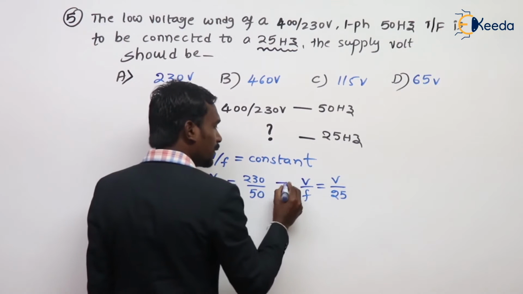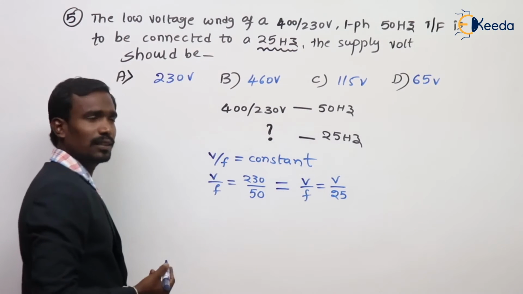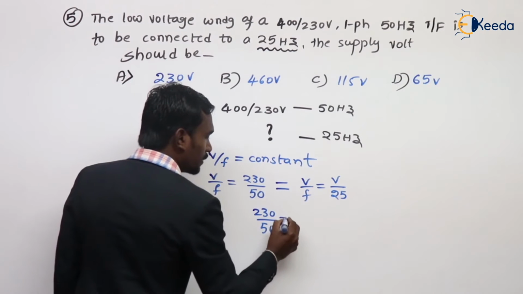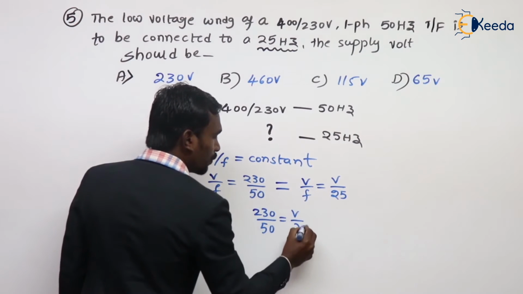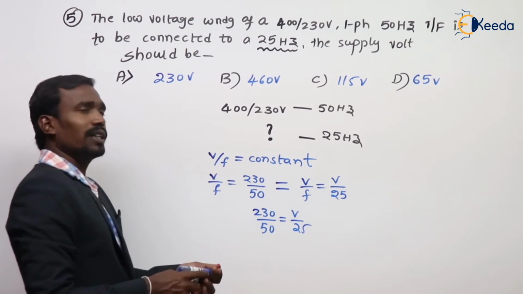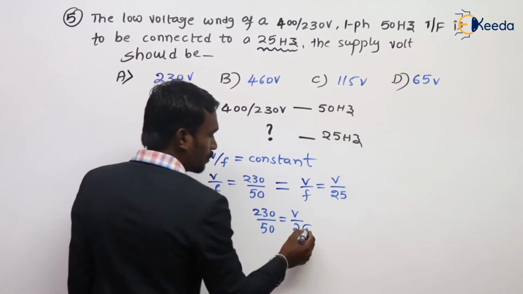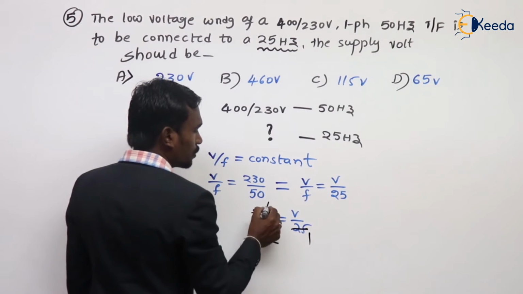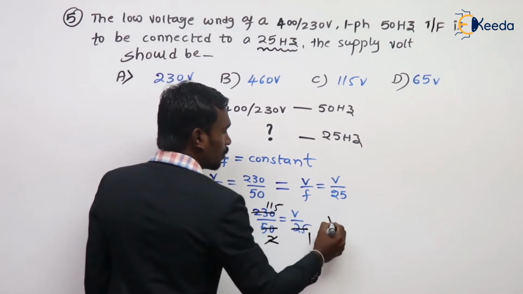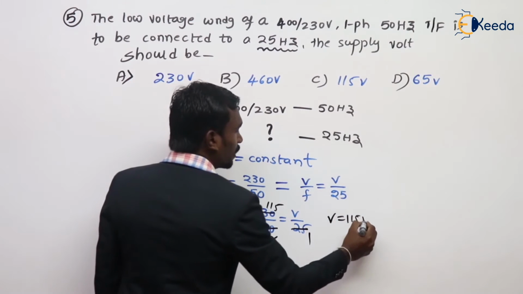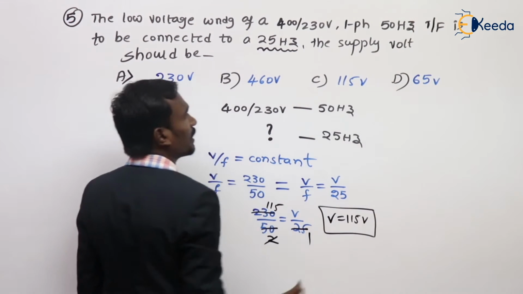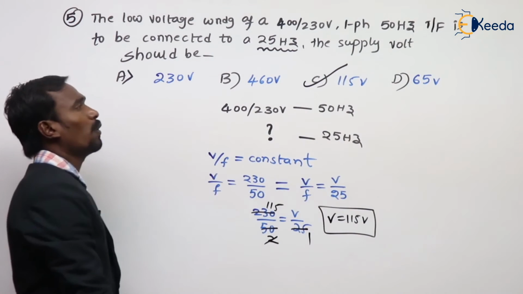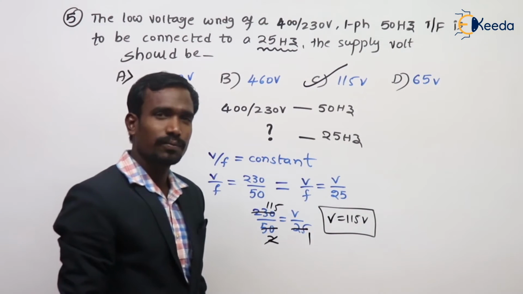This V by F ratio should be constant. Nothing but 230 by 50 is equal to V by 25. 25 ones are 25, 25 twos are 50, so V is 115. So the supply voltage should be 115 volts.